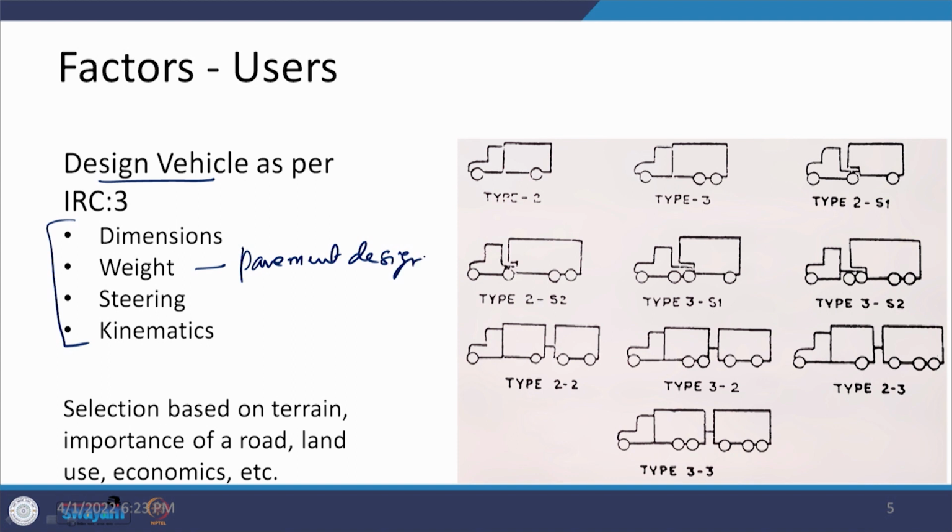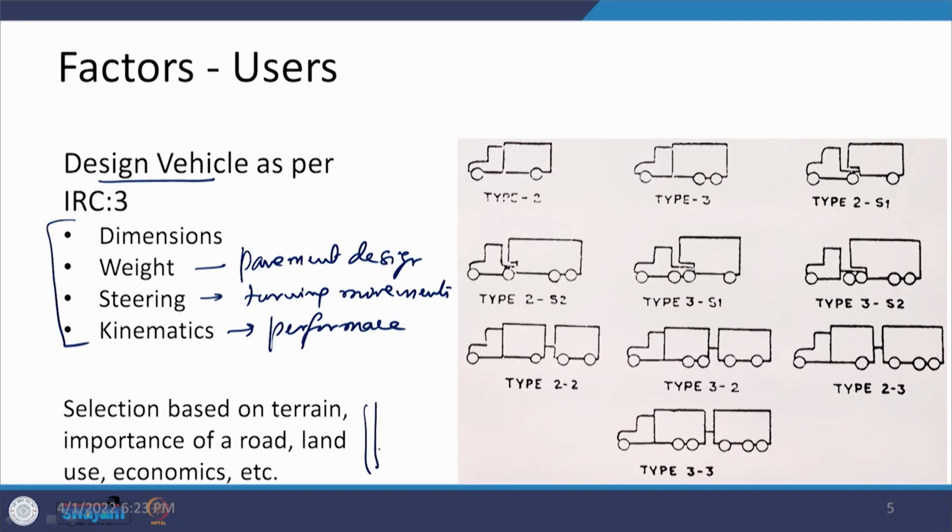So, what is the axle load, what is the weight of a vehicle; the steering is more important in terms of the turning movements, and the kinematics talks about the performance of a vehicle in different classifications of roads, in different terrain conditions, or in any situation prevailing on a system.